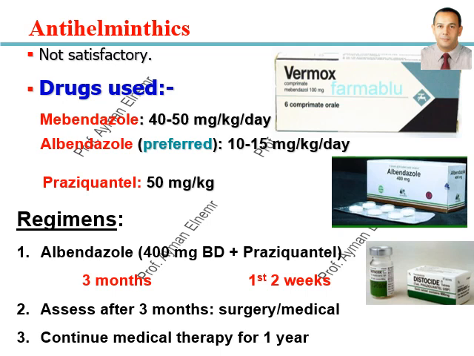The regimen is usually for 3 months. The first week is praziquantel, 50 milligrams per kg, and continue for the 3 months with albendazole, 400 milligrams twice daily, and this usually precedes surgery. And this medical treatment can continue for 1 year after surgery.